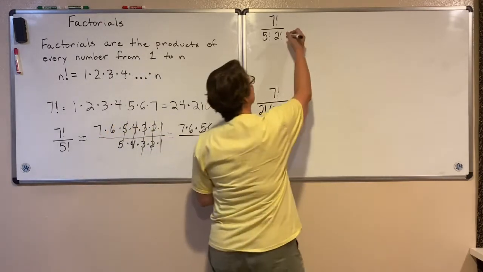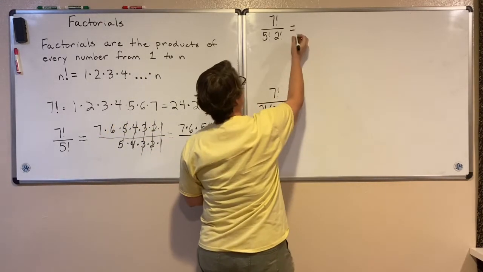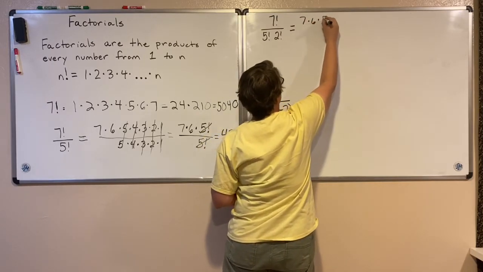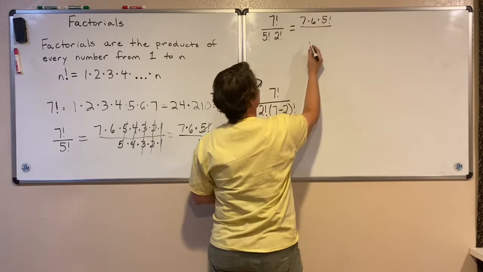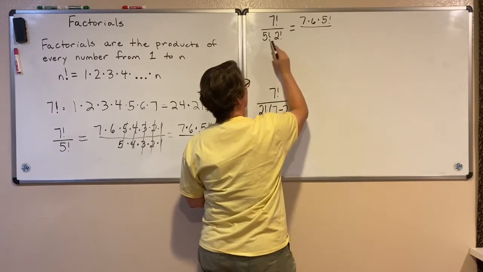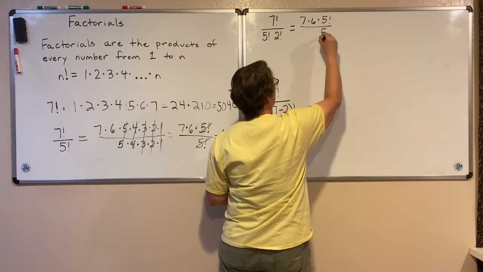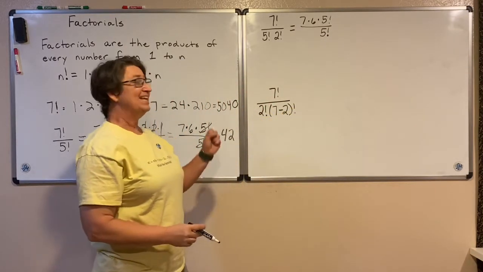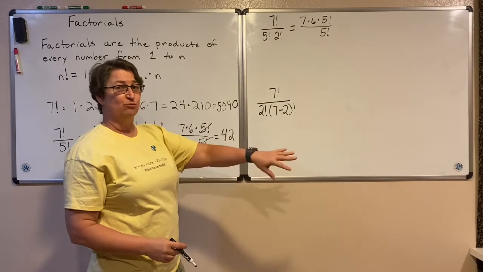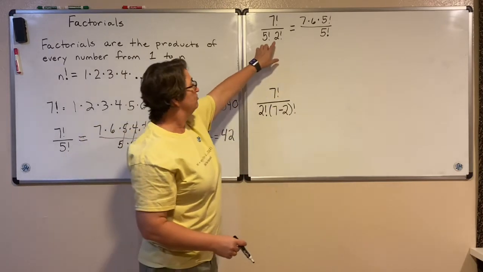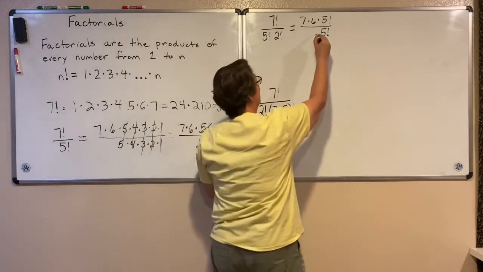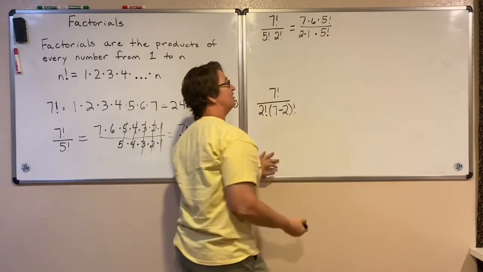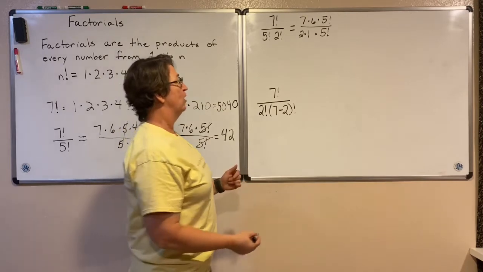So I'm going to use that same trick I just did, where I do 7 times 6 times 5 factorial, because I know that this 5 factorial and that 5 factorial are going to cancel out. But I didn't keep going down to 2 times 1. So this 2 factorial is still 2 times 1. I have to have it on there as well.